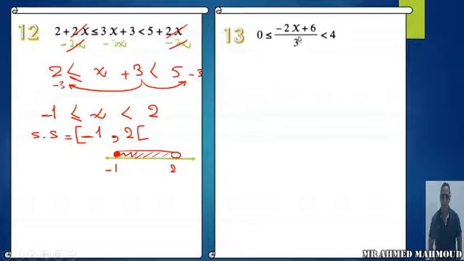Okay, now we have negative 2x plus 6 over 3 greater than or equal to 0, smaller than 4. First I need to cancel 3. The 3 which is over 3, I'm going to send as times 3. I will send 3 here as times 3, and here also as times 3.